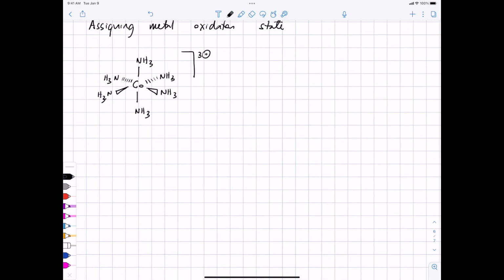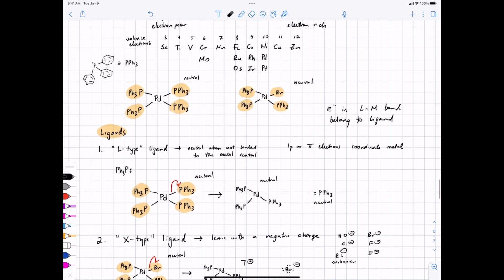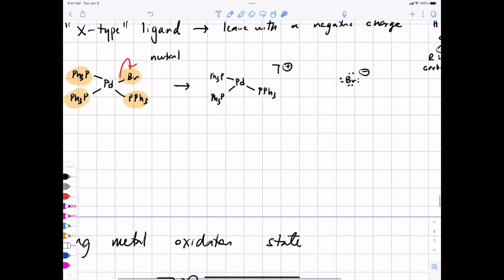Then we need to decide what types of ligands we have on that cobalt. We have 6 NH3 ligands, and those are all L-type in the sense that they leave neutral, okay? So then we need to know how many valence electrons does cobalt normally have? And the answer is 9.